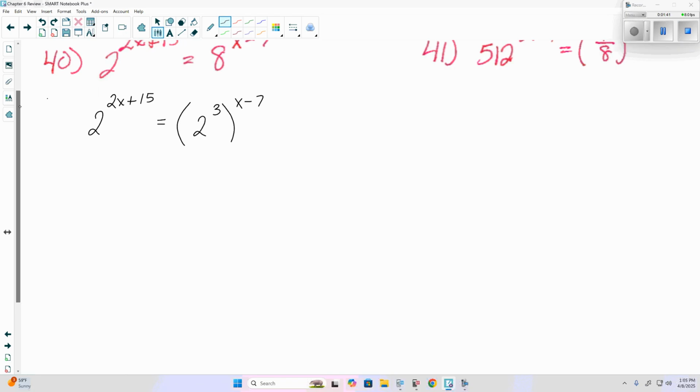All right. Powers of powers, multiply. 3 times x would be 3x. 3 times negative 7 is negative 21.